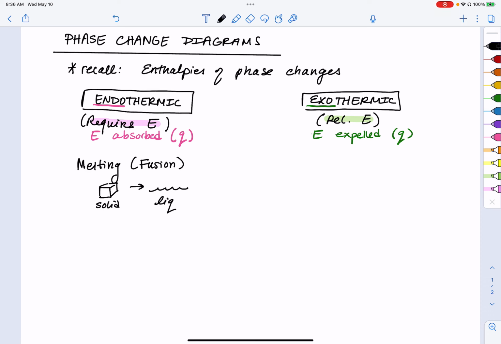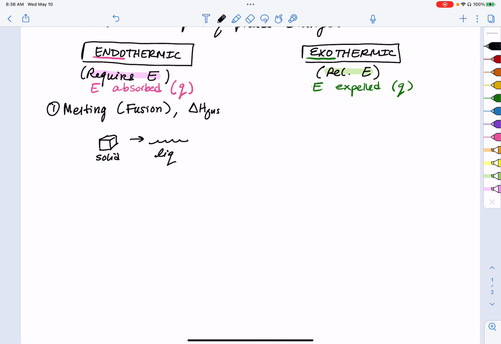And we have an enthalpy of fusion, delta H fusion, or heat of fusion, and that's the amount of energy required just to go from solid to liquid. Okay, melting, solid, liquid. So that is our first endothermic phase change.